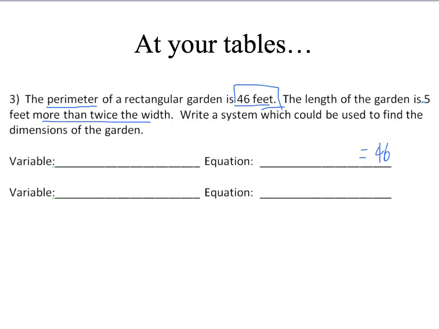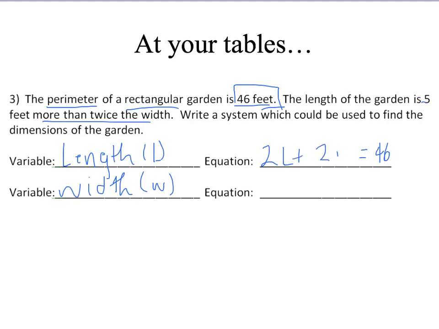It's the total distance around something. We're dealing with a rectangle, so our variables are just going to be length, or L, and width, W. And my first equation is 2L plus 2W equals 46.